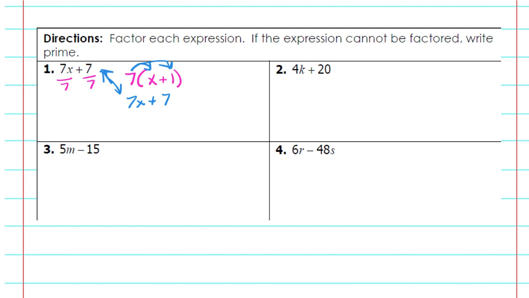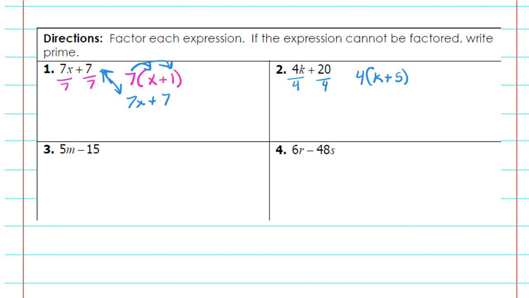Number 2. I got 4k plus 20. I know by looking at this I can divide them both by 2, but at bigger numbers, I can divide them both by 4. So divide by 4, divide by 4. If I pull 4 out, I am left with k plus 5.